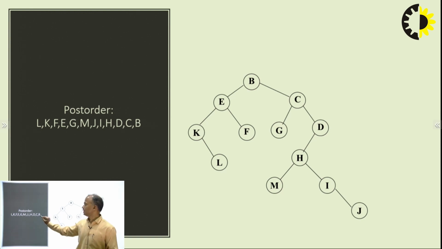So, here in the post-order sequence, the value at the last is B, and this is my root, because post-order traversal tells you to visit the left subtree, visit the right subtree, then visit the root. So, at the last, we have the root. This is the conclusion of the post-order. Whatever value you have at the last, this is always the root.